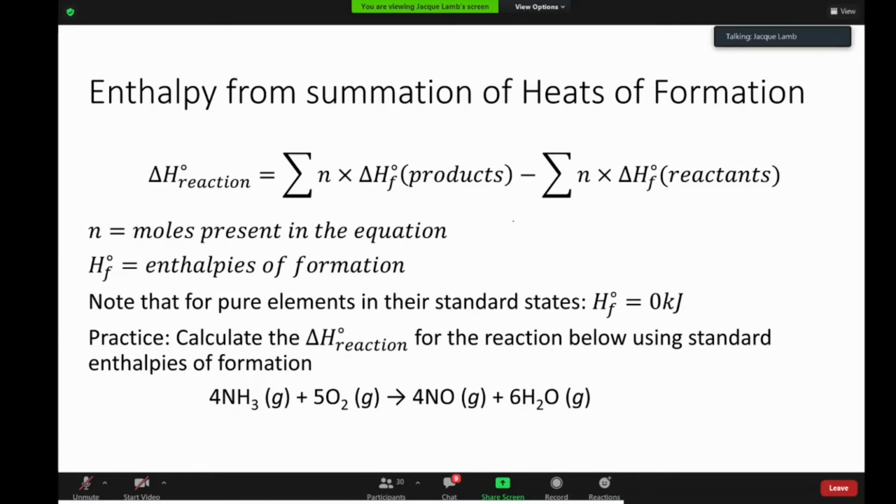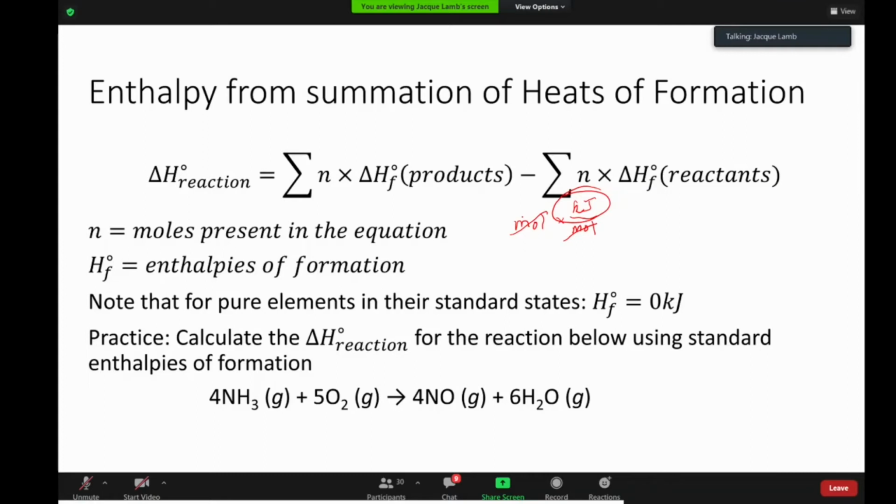Remember, n is moles. If we multiply that times kilojoules per mole, we end up with kilojoules, which is our energy measure. So what we're saying is that if you used enthalpy of formation equations in place of the species in the reaction, you could sum the enthalpy of formation equations together and end up generating an overall equation.